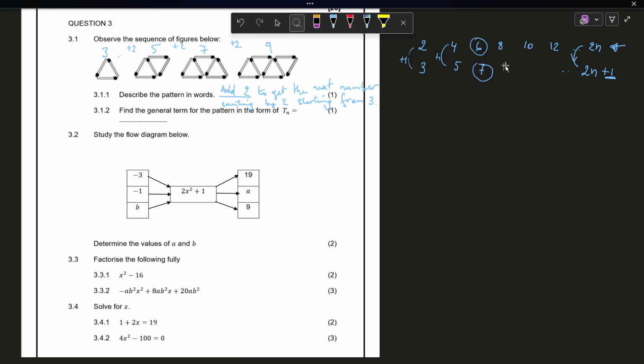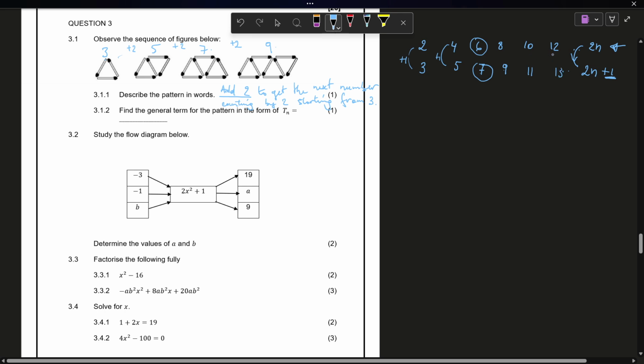It's good to make mistakes like this so that you know how mistakes happen, but then you have to fix it, right? So we got 3, 5, 7, 9, because it's always plus 2. 7 plus 2 is 9, not 11. 7 plus 2 is 9, then plus 2 is 11, plus 2 is 13.